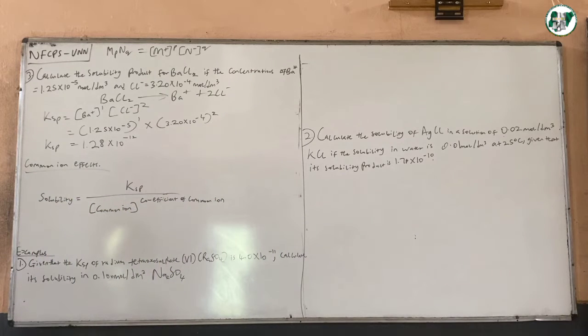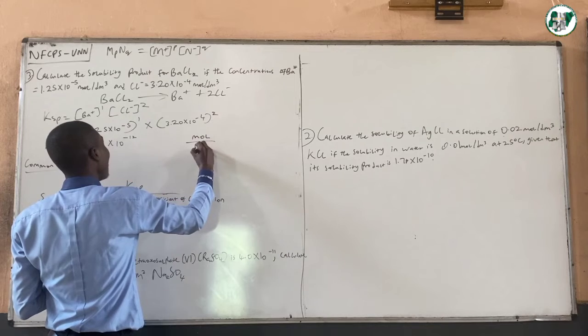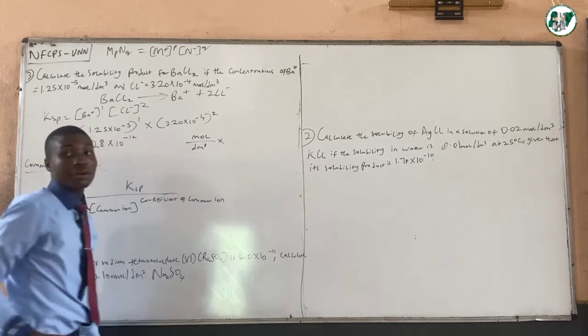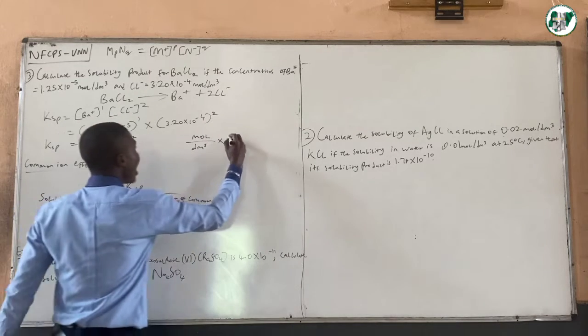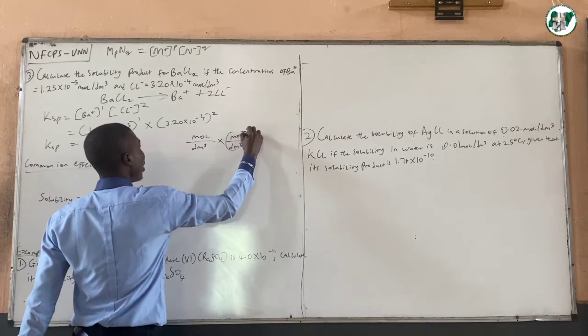Then the next thing we're going to be considering is the units. The unit for the concentration is mole per dm cube. So for the barium, you still have mole over dm cube. And then for the chloride, you have mole over dm cube, and everything is raised to the power of 2.